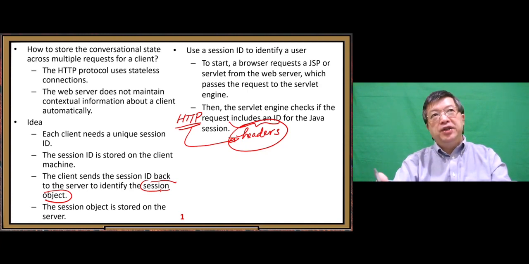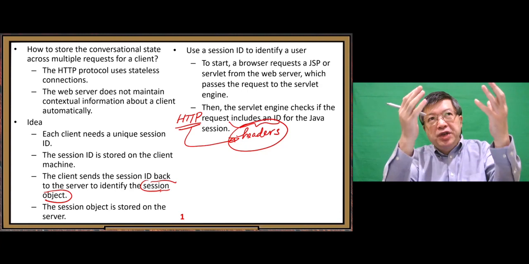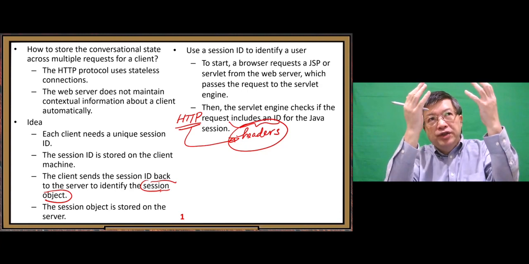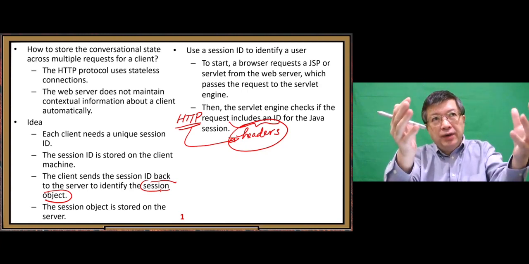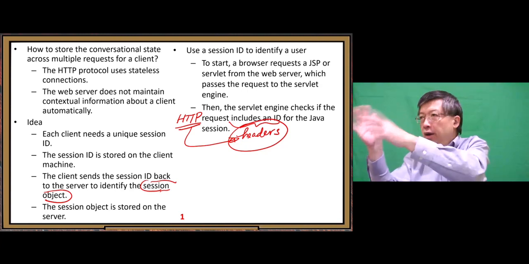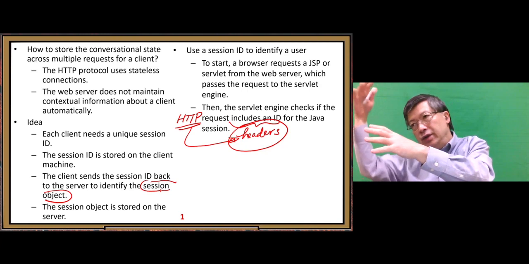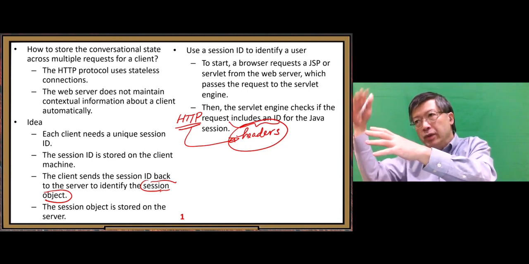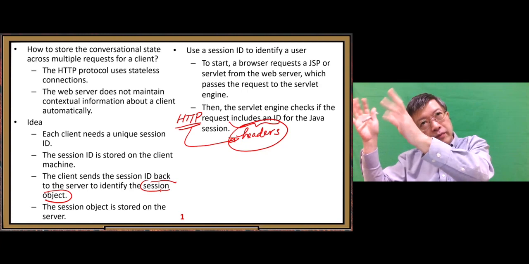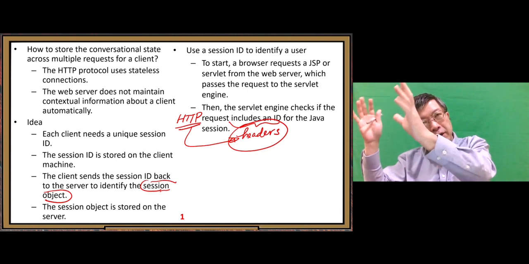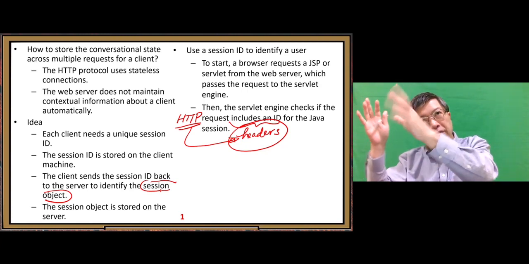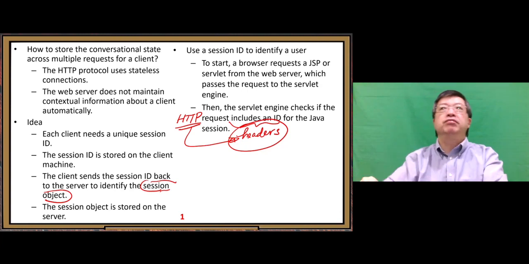So in the server, we can retrieve the session ID from a certain request header and use it to compare with the copy. You can do the search inside the part in the main memory for this particular web application.